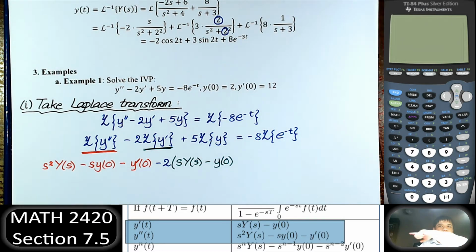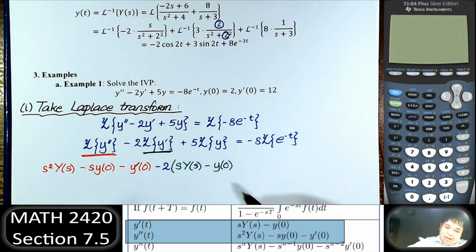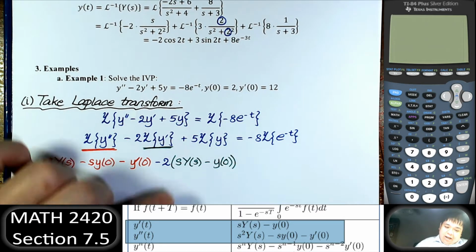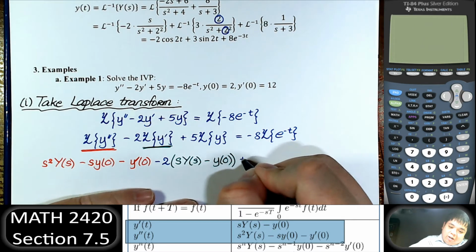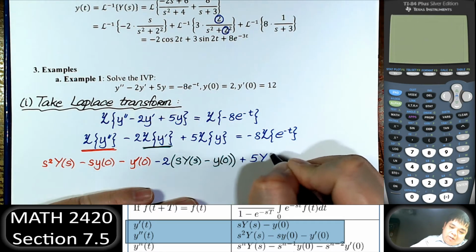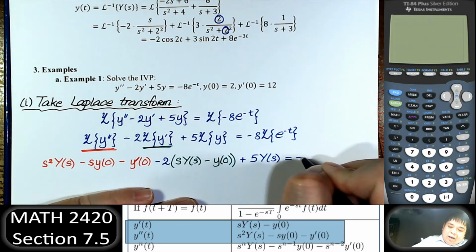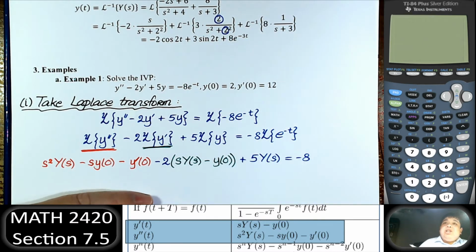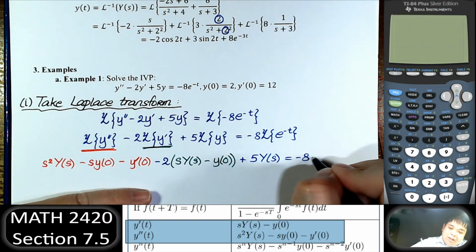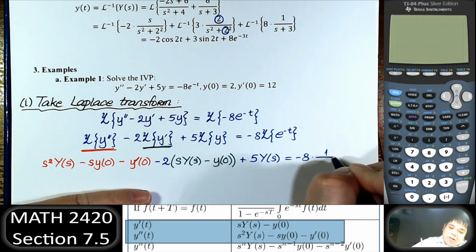Right. Of course, the formula over there. And then the transform of the function 5y, and then negative 8. Transform of e to negative t is 1 over s plus 1.